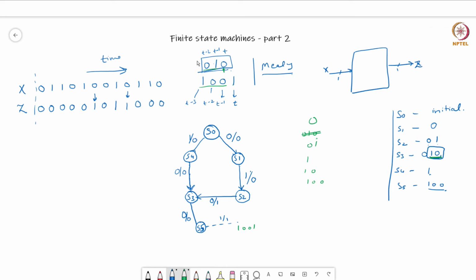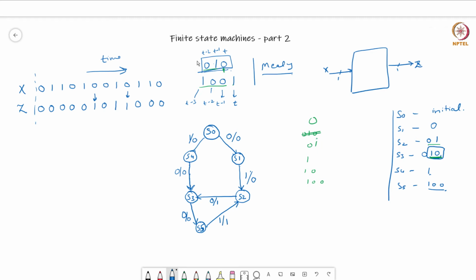We can say that it is actually 01, which would be helpful in identifying any other pattern we are matching. So the next state is supposed to be S2. So let's make that arrow. From S5, if input is 1, then output is 1, and the next state is S2.